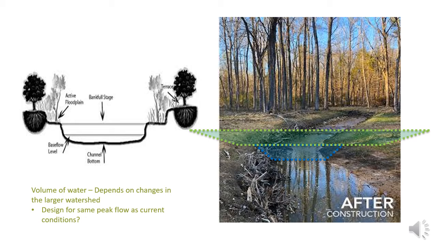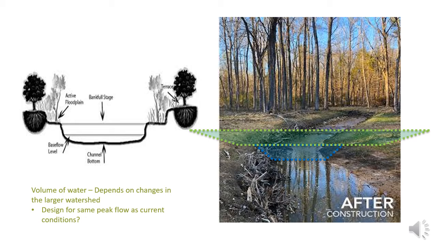And so, what volume of water do we end up designing for? The answer is it depends largely on what's going on in the overall watershed. Unfortunately, the reality of that means that most stream restoration projects are relatively small and have little impact on the total volume of water that's coming into them, especially following large storm events.